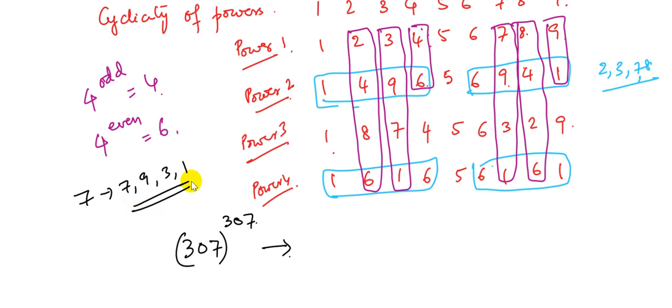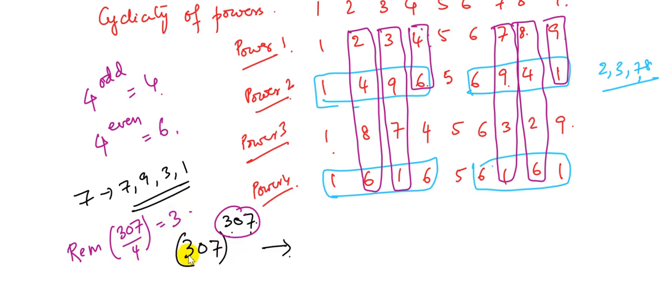So that means I have to divide the number that is in the power by 4 and take the remainder. So the remainder of 307 by 4 will be how much? Sir, I'm doing. The remainder of 307 by 4 is 3. 3, sir.